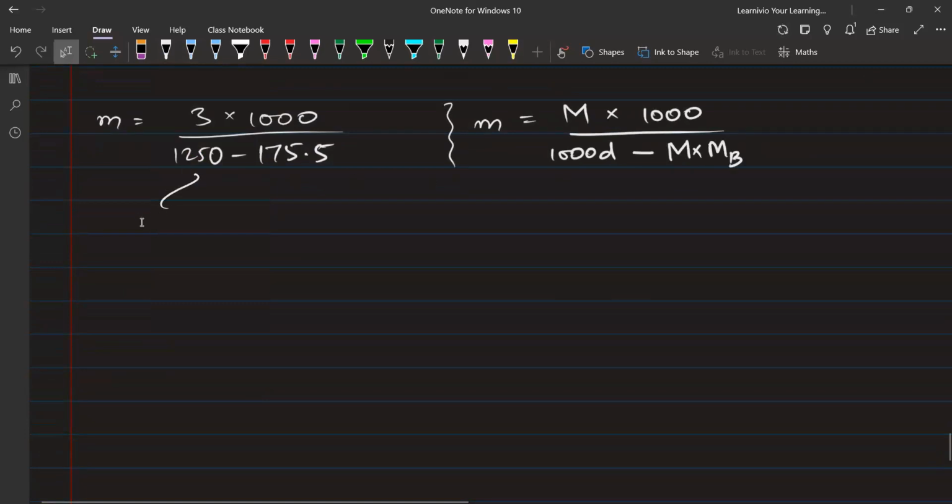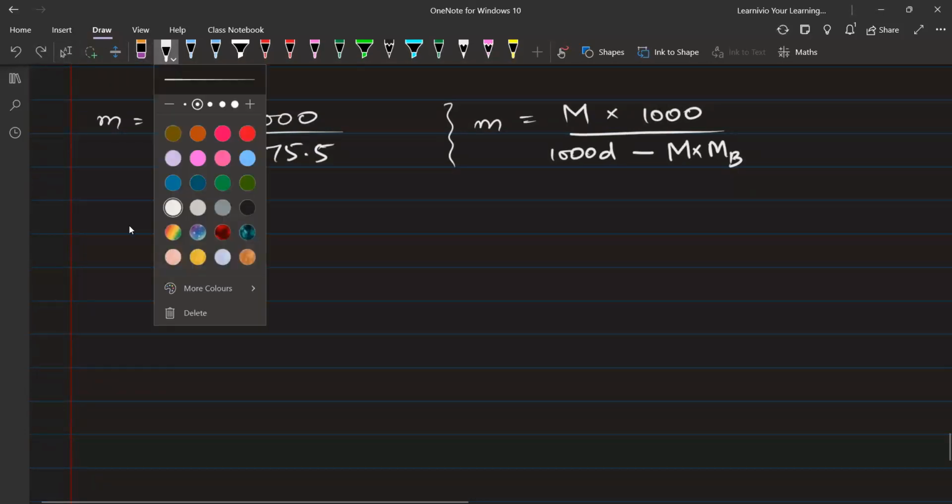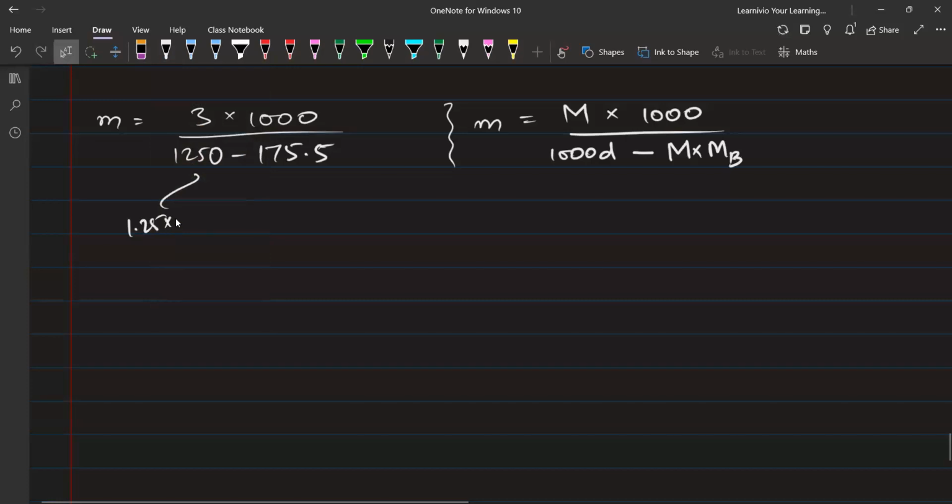Because this 1250 is here because of 1.25 into 1000, and this 175.5 is here because of 3 into 58.5. This 3 is the same as the number of moles. Makes sense? Please tell me.